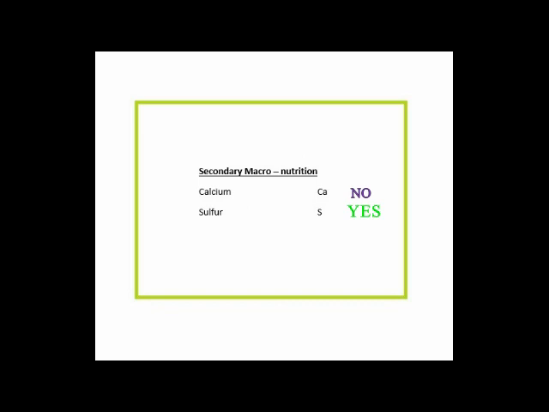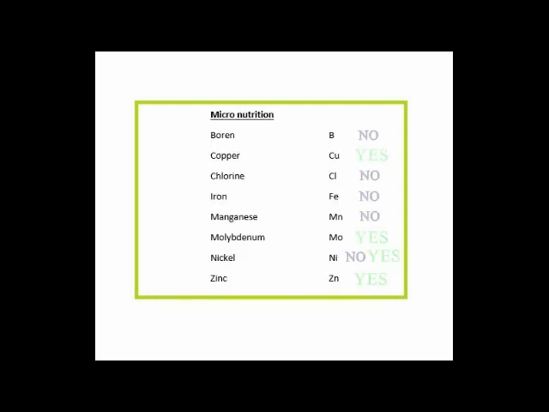When we take a closer look at the secondary macronutrients, well, they're not so keen on calcium, but they actually prefer sulfur. So let's take a look at micronutrients. Well, they don't like boron so much. They do like copper. They don't like chlorine. They don't like iron. They don't actually like manganese, but they do love molybdenum. Nickel, oh, not so much, but zinc, yes.